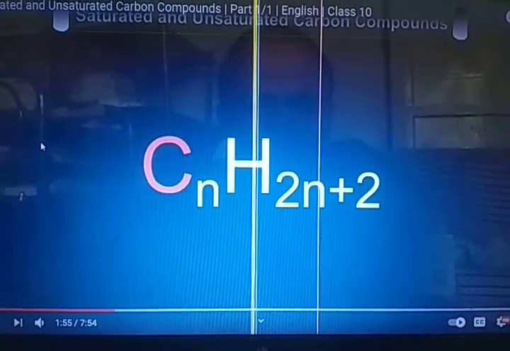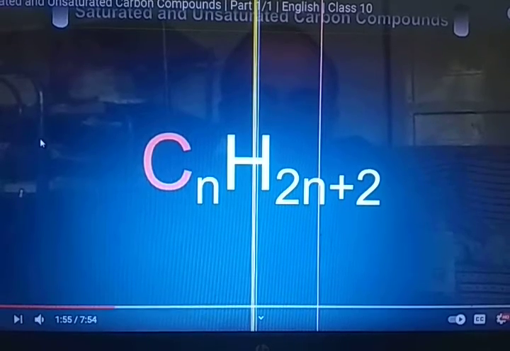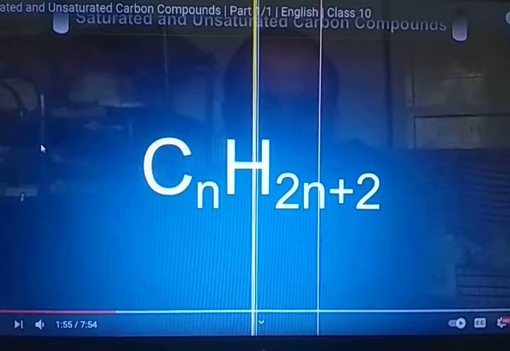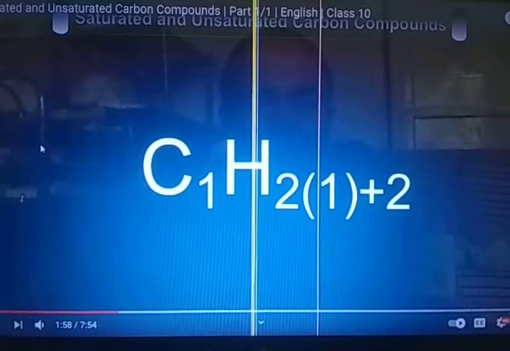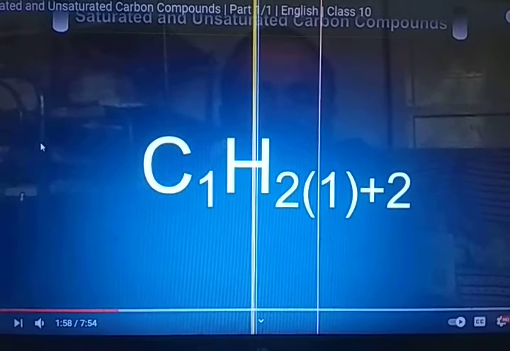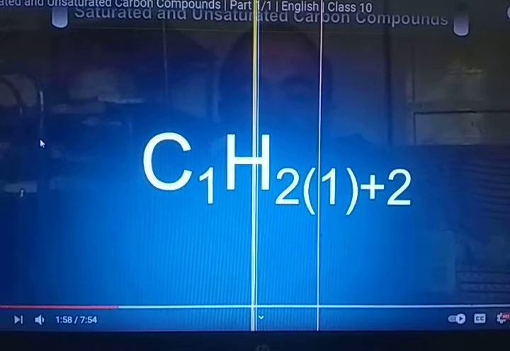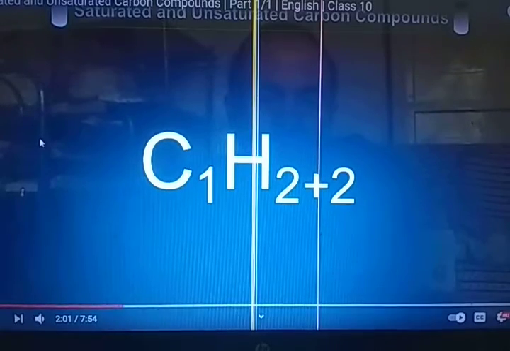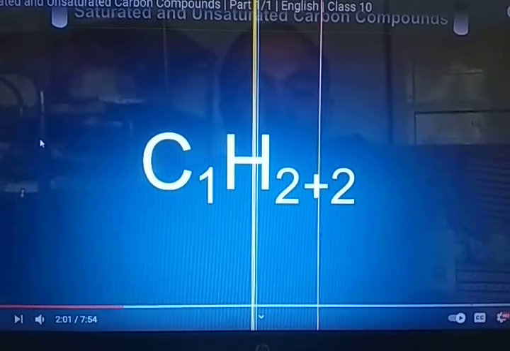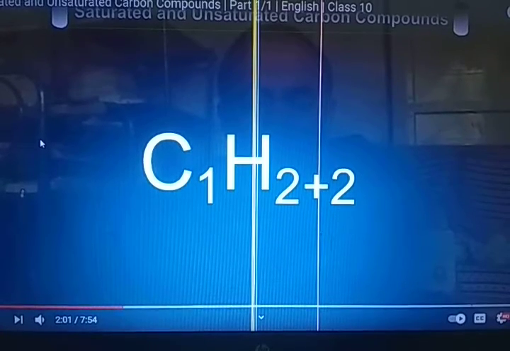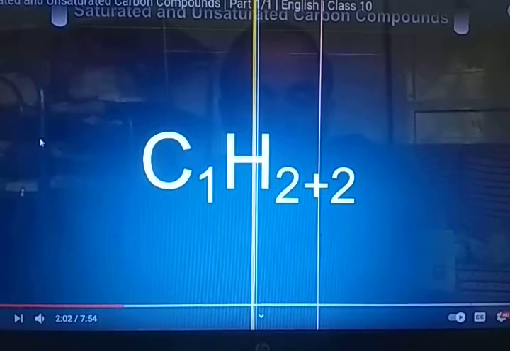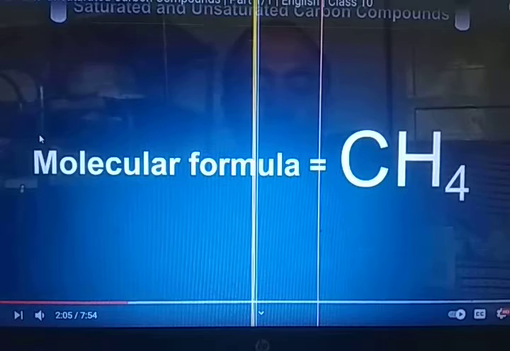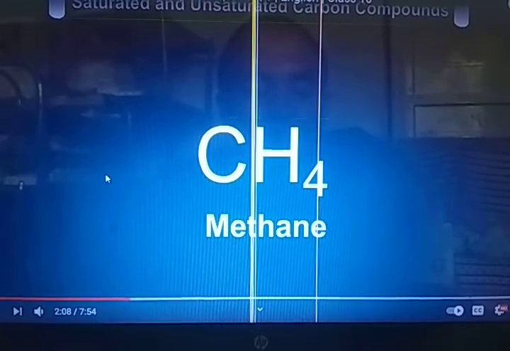I'll just repeat. When n is 1, CnH2n plus 2 becomes C1H2 into 1 plus 2, and the molecular formula is CH4, that is methane.